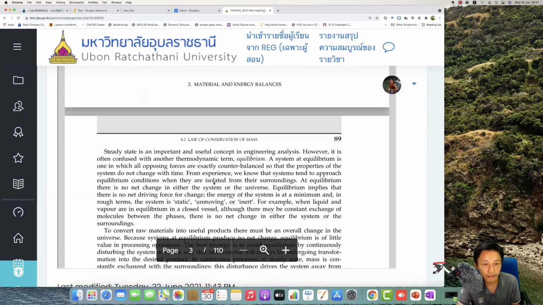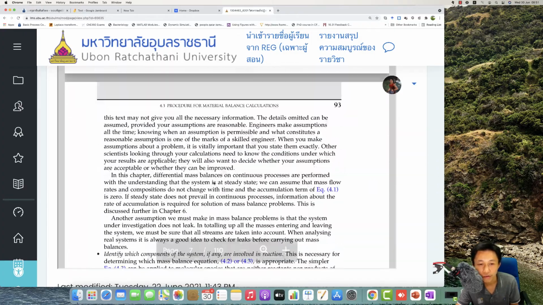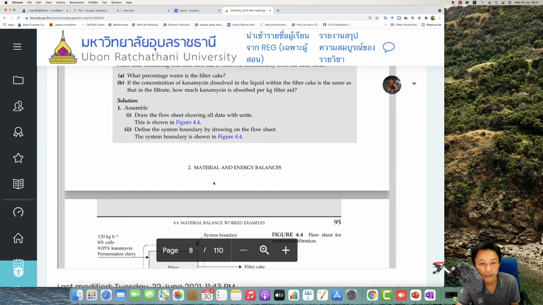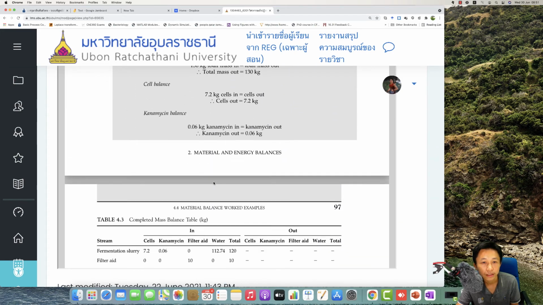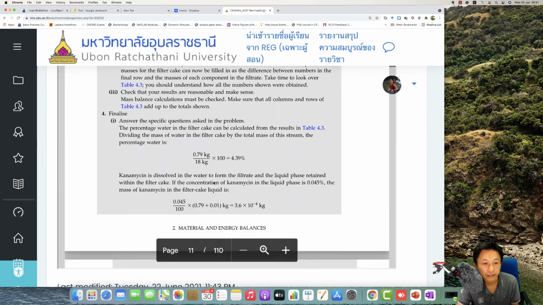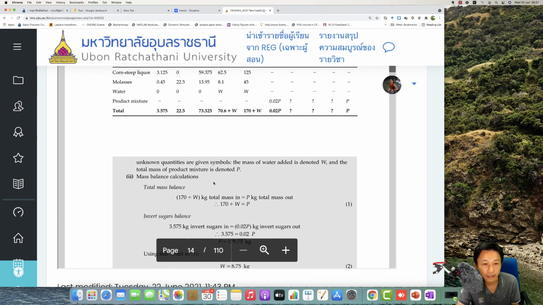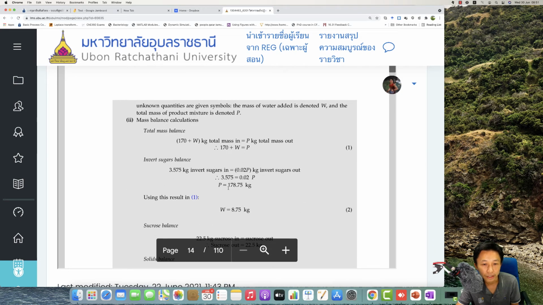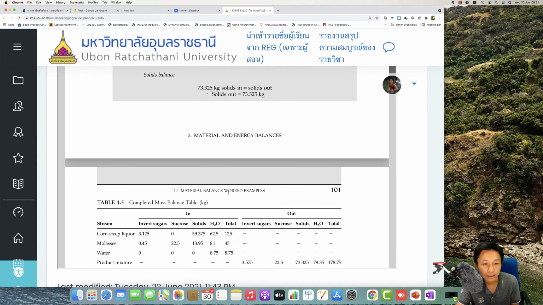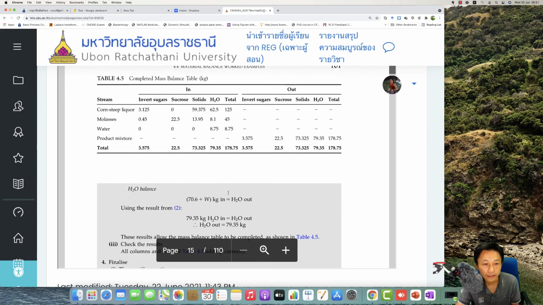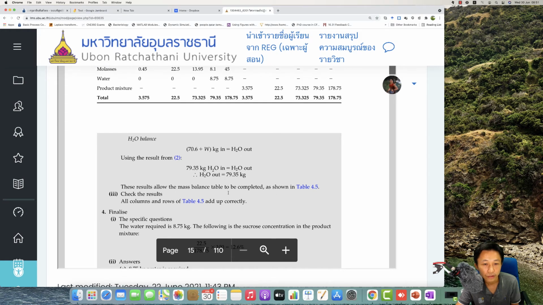Let me see first. Example 4.3. P equal to this one. This is water, liquid, and this is water out.